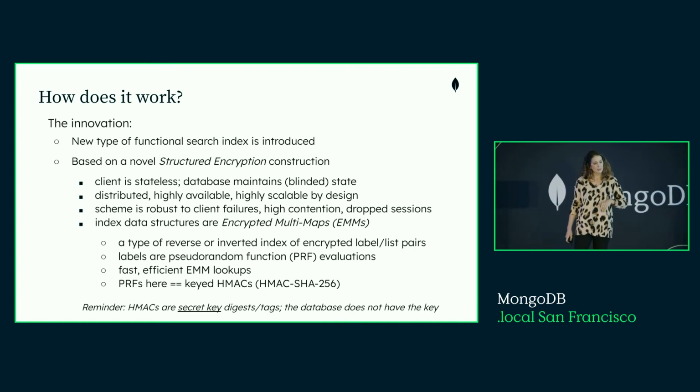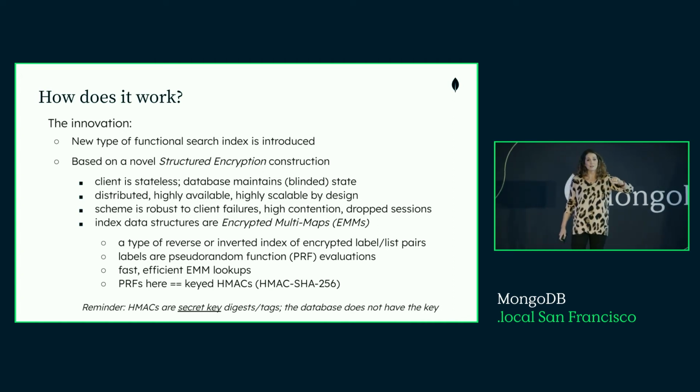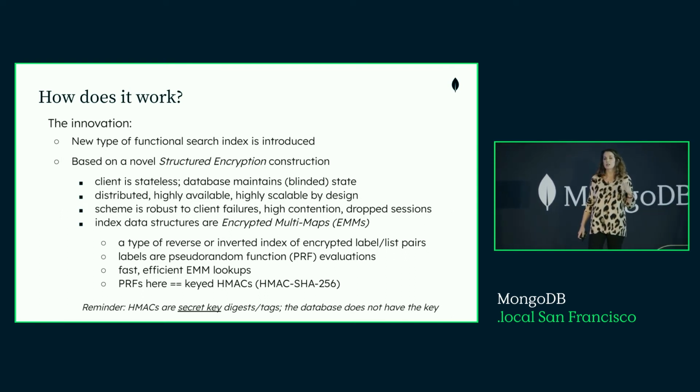And it allows for fast, efficient lookups. Forgot to mention about those HMACs. People hear HMAC and they think of a hash. It is absolutely not just a hash. This is a secret keyed value. It's a secret keyed hash, and again, the database doesn't have the keys to be able to decrypt that hash.